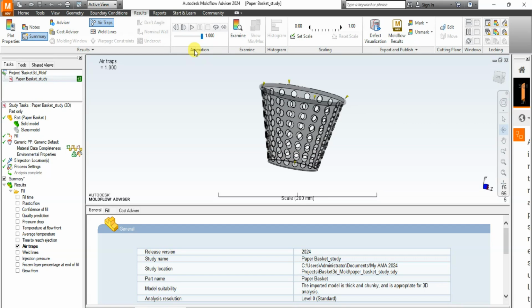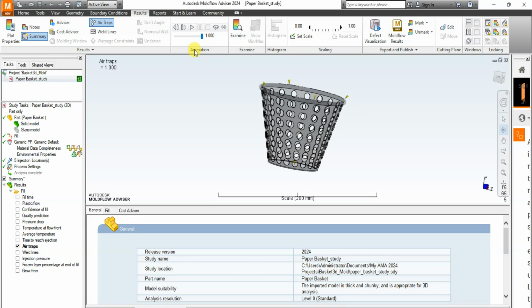Now, what are air traps? Air traps are triggered when the melt traps and compresses a bubble of air or gas. I spoke about this earlier in some of the trouble spots of a plastic model.